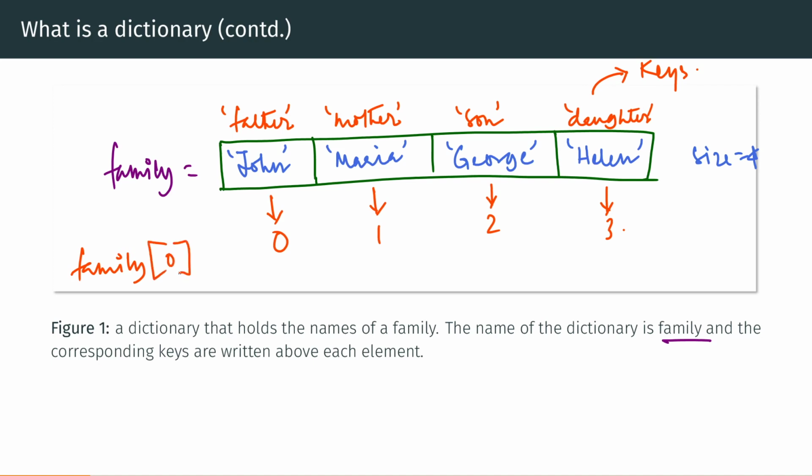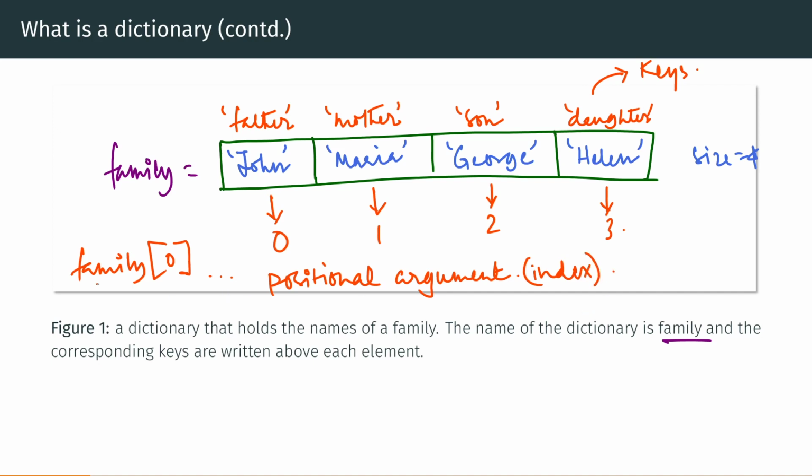And the way you'd access these elements is, let's say you want to access John, you'd say family 0, right? That's how you access the first element. And then you'd say family 1 to access the second element, and so on and so forth, right? So a list is positional. But in case of dictionaries, there are no positional arguments, so there are no indexes, right?